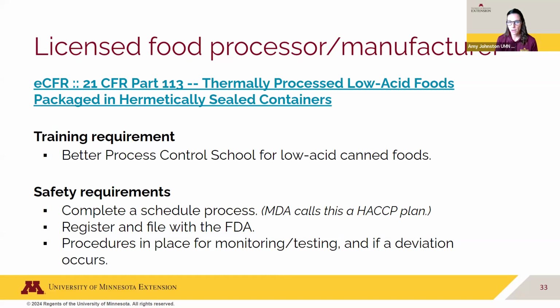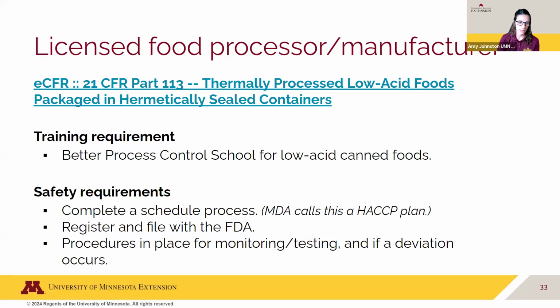It includes good manufacturing practices, sanitation, thermal processing, equipment, containers and closure options, record keeping, and others. At this time, University of Minnesota does not offer that training, but the link that Julie is sharing has some ways to find other options for that training, or you can always contact me and I can help you find a training.